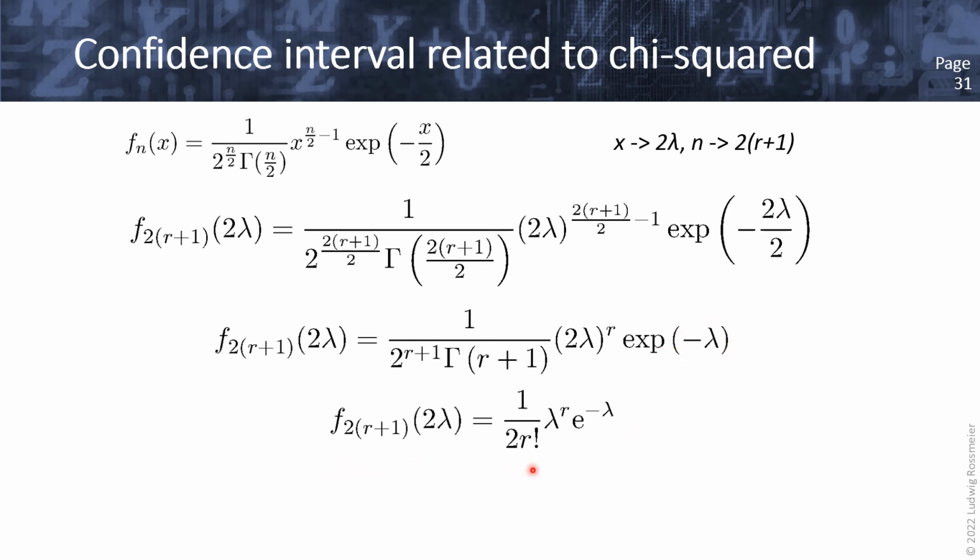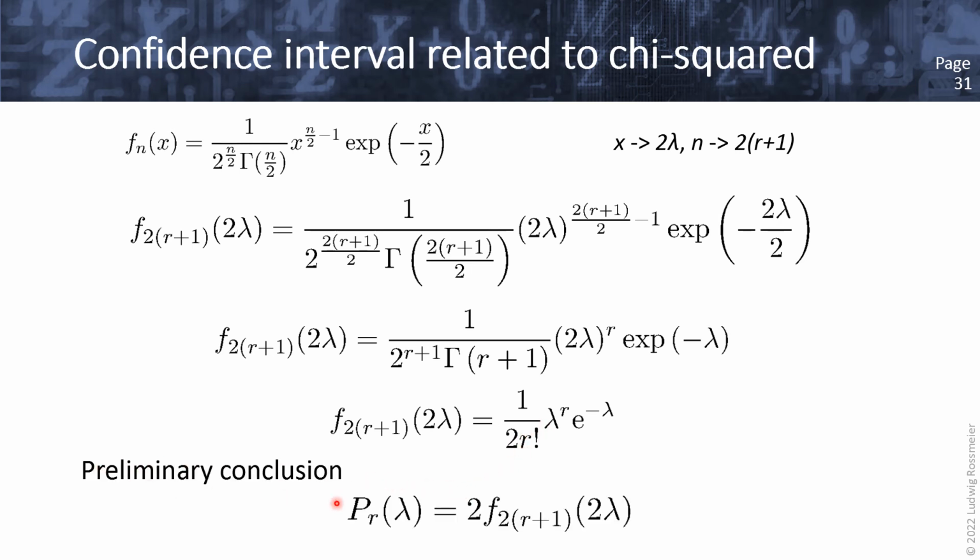And the next step of simplification, I rewrite the exponential here with an e function, which is not really simplification, it's rewritten. Then the 2 to the power of r will cancel with here in the denominator, but 1, 2 from the plus 1 is missing. It ends up here. And the gamma function of r plus 1 can be rewritten as r factorial.